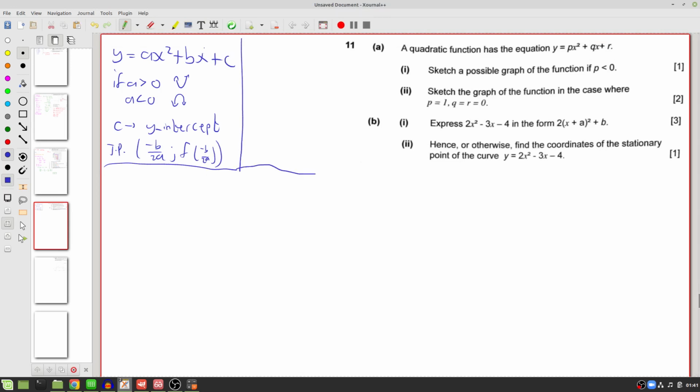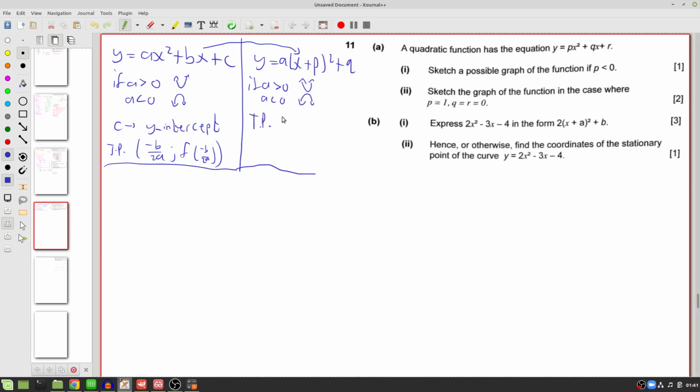We could also have it in this form: y equals a, x plus p squared plus q. Now in this case, the a tells us exactly the same thing. If a is positive, we've got a smiley face. If a is negative, we've got a sad face graph. And then from here, we don't know what the y-intercept is. We can't read that off, but we can read off our turning point.